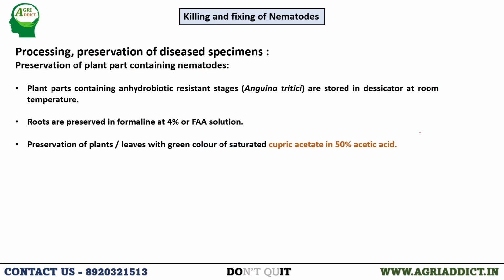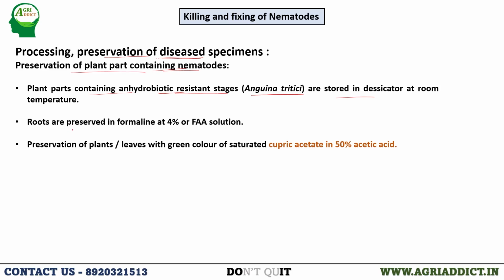Next is processing and preservation of diseased samples. Preservation of plant parts containing nematodes takes place in 3 different manners. Plant parts containing anaerobiotic resistant stages, like Anguina tritici, have to be stored in a desiccator at room temperature. So plant parts containing the dormant stage of the nematodes will be kept in a desiccator at room temperature.